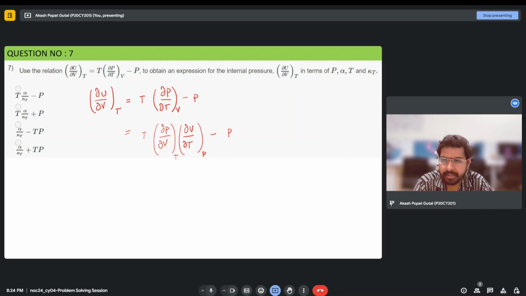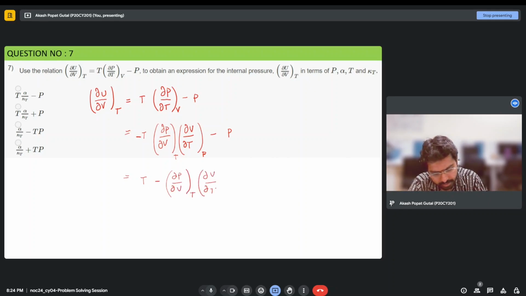So we are messing up with the sign, because when V increases, del V is positive, del P will be negative, and that will not make the entire previous equation positive. To make it positive, we need to introduce a negative, so T times negative of del P by del V at constant T into del V by del T.